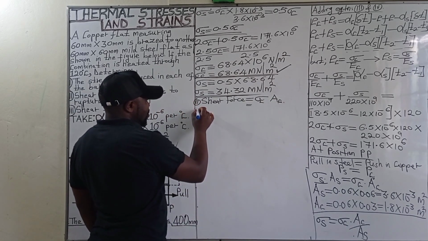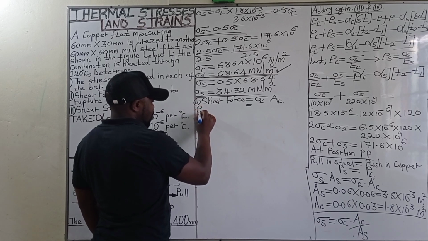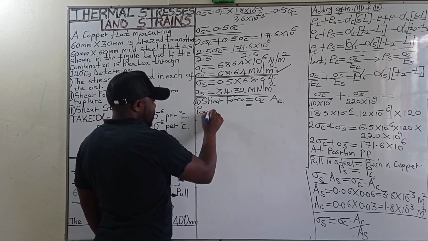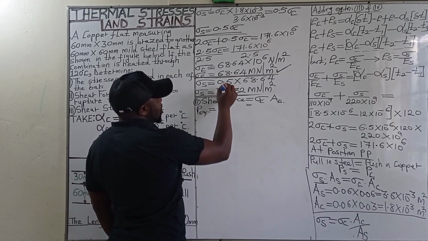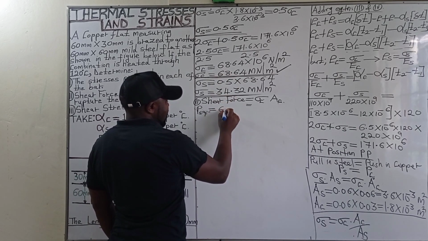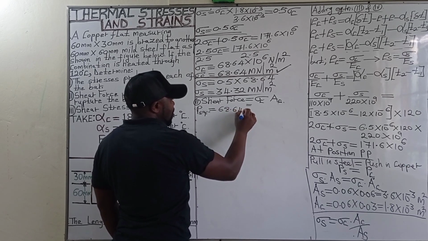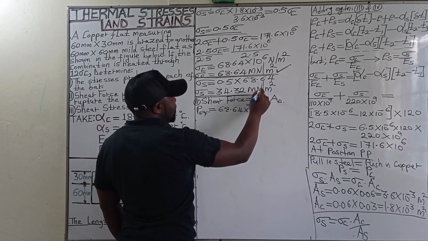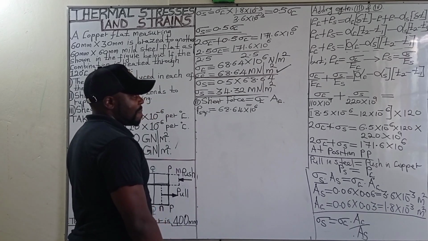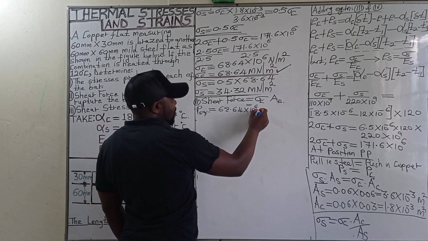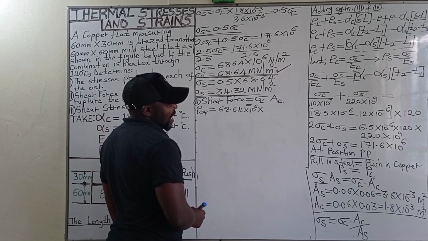So in this case, we are going to have a shear force, SF, which is going to be stress in copper, 68.64 times 10 raised to the power of 6 newtons per square meter, multiplied by its cross-sectional area.